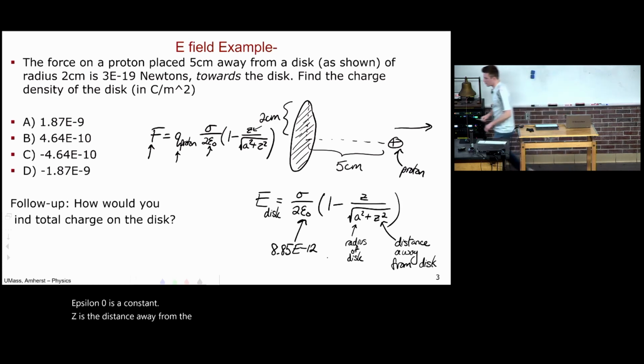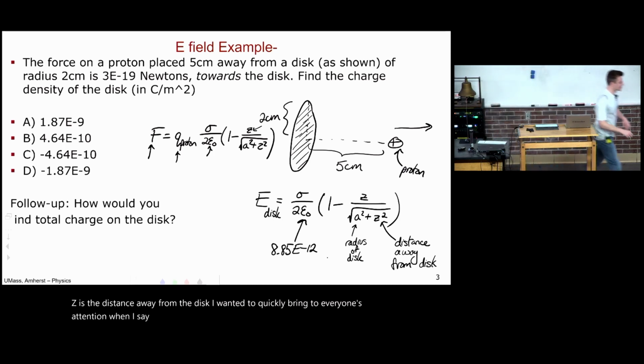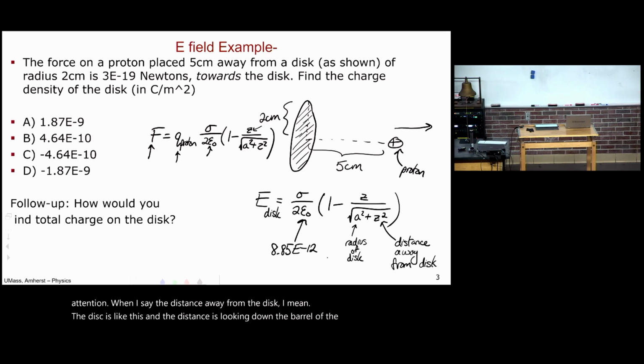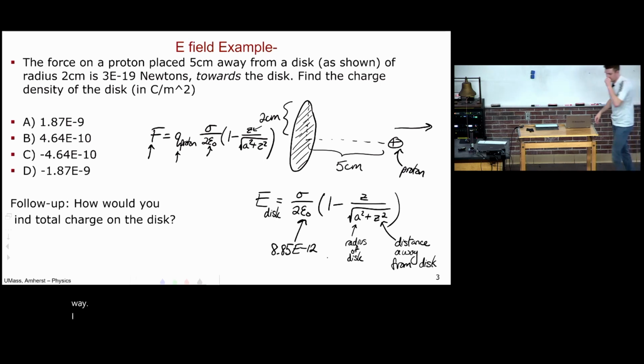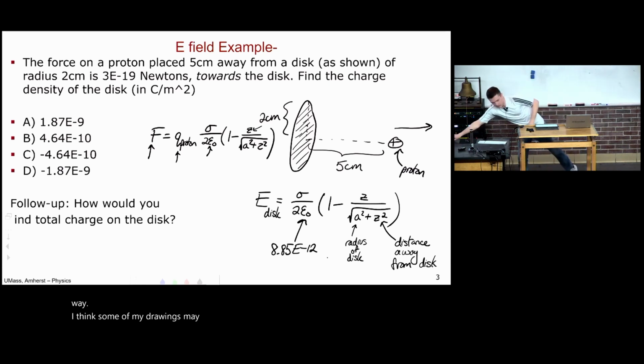I wanted to quickly bring to everyone's attention, when I say the distance away from the disk, I mean the disk is like this, and the distance is looking down the barrel of the disk, this distance away. It's not like this. This is not the orientation I ever mean when I say you're 10 centimeters from a disk. It's always you're staring down the circle this way. I think some of my drawings may have confused that.